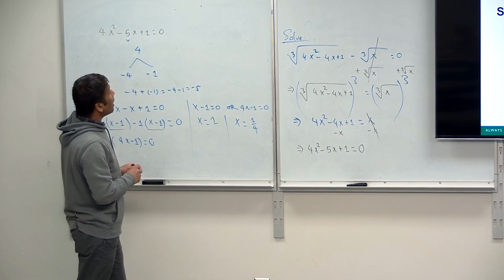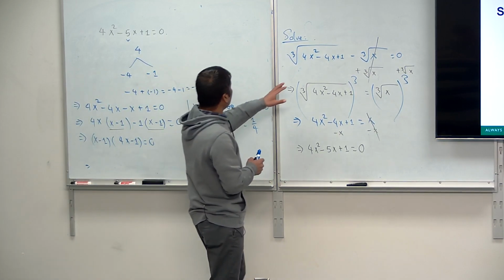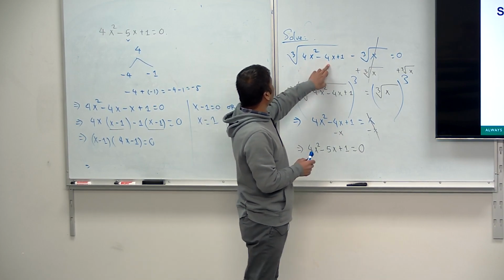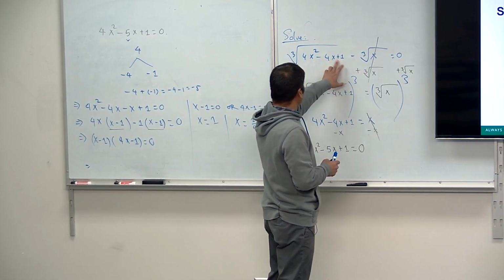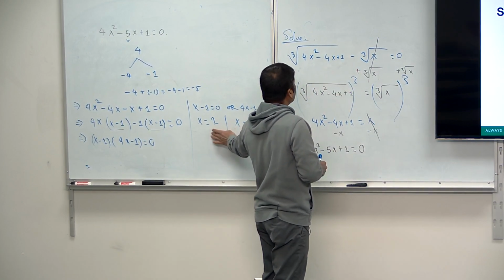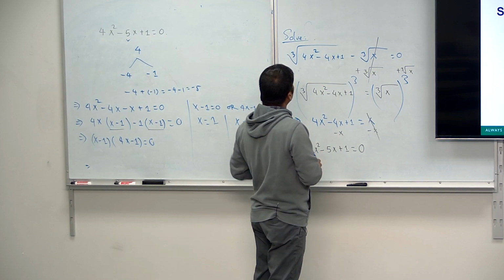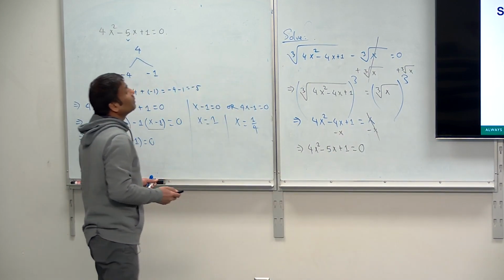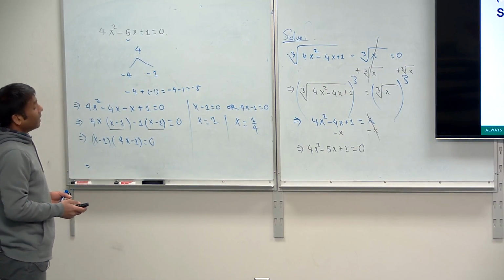And then now you plug in here, guys. If you plug in 1, this will be 4 minus 4, cancel, 0. This is cube root of 1 minus cube root of 1. This is good. For this one, it is a little bit more work. Maybe they did that. I'll show you that one, okay? So 1 is good, right?